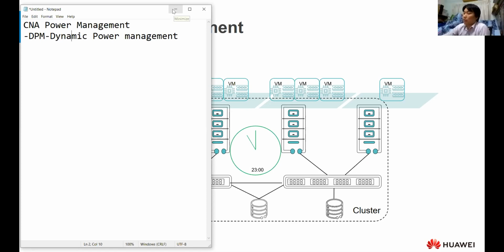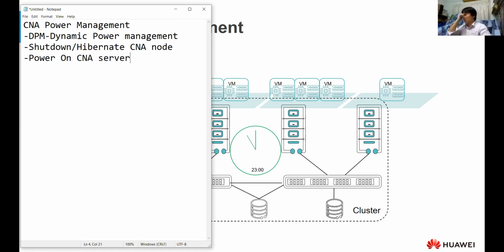So they can do certain power management on the CNA node. They are able to shut down or hibernate the CNA node. They can also power on the CNA server, which requires BMC login on the CNA in the VRM configuration.